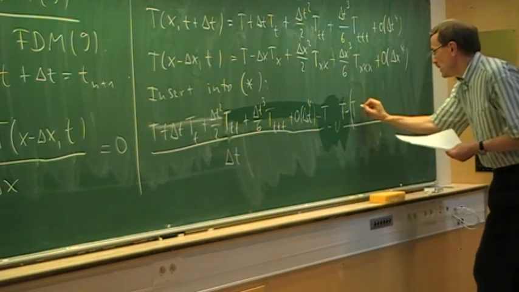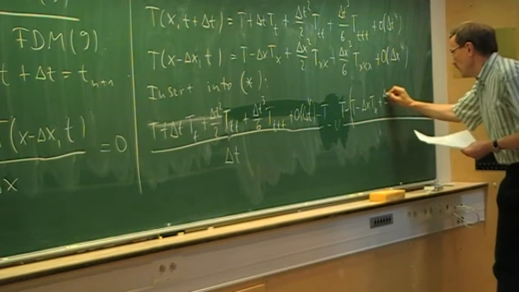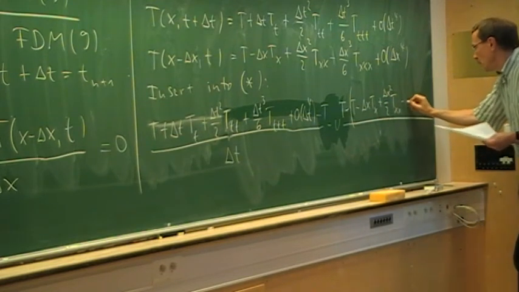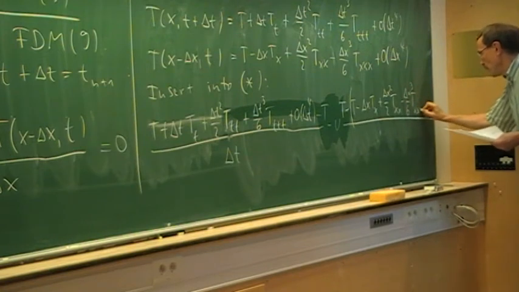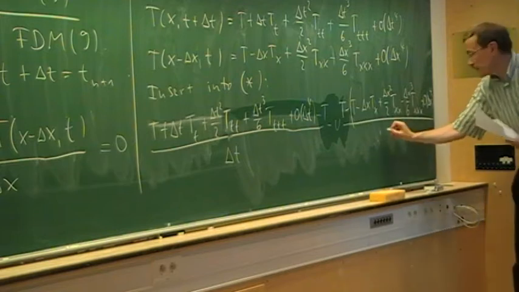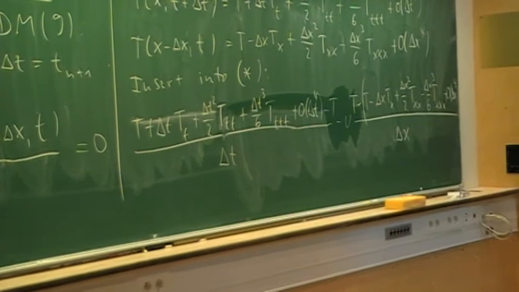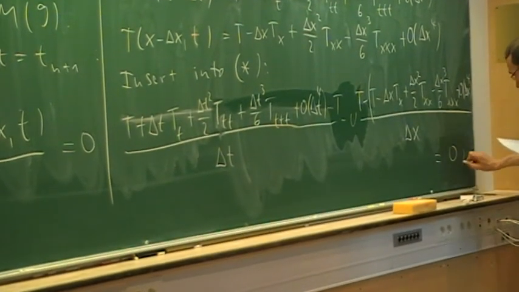That is then t minus delta x tx plus delta x squared half, the second x derivative, minus delta x to the power 3 divided by 6, third x derivative, plus order delta x to the power 4, divided by delta x. And all this is equal to 0.